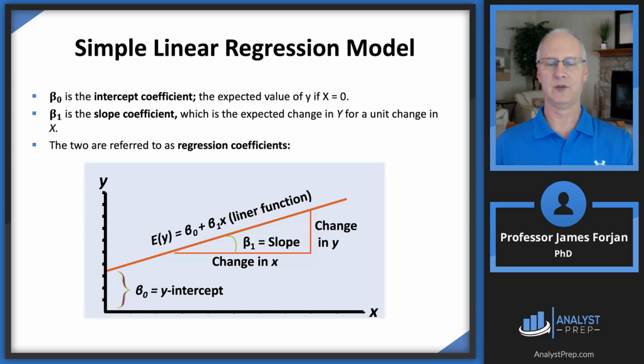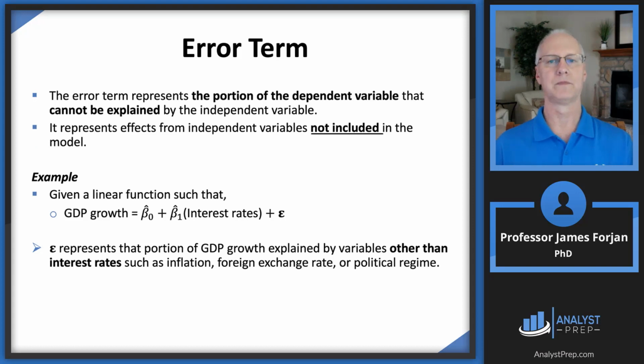So there's beta 0 on the left-hand side going up the y-axis. And then there's the linear relationship. And so the slope of the line measures the change in y relative to the change in x. Beta 0 and beta 1 are known as the regression coefficients. One is the intercept, one is the slope coefficient.